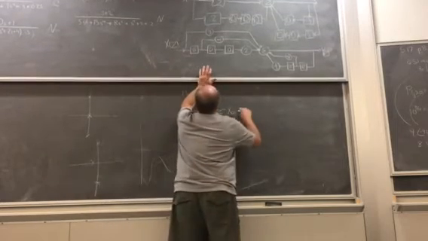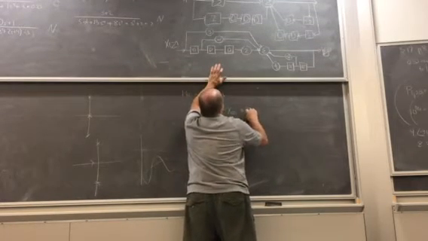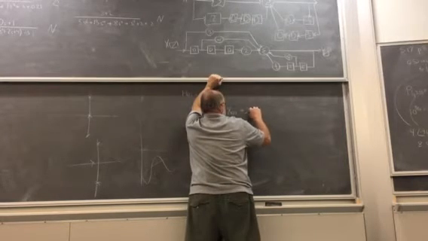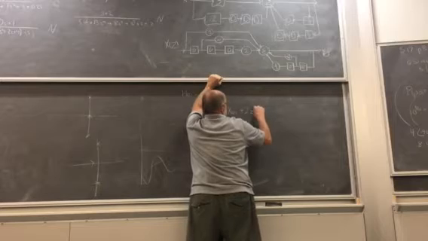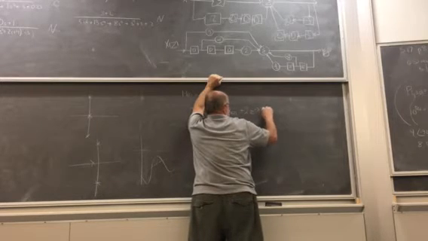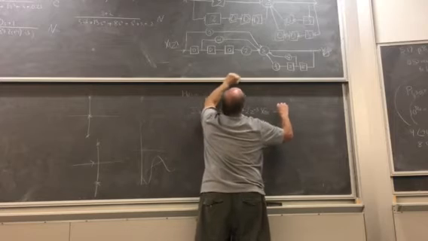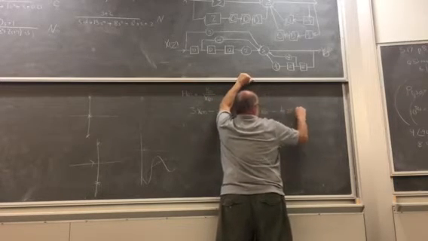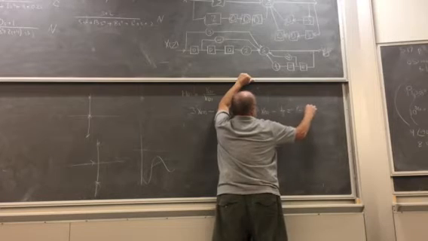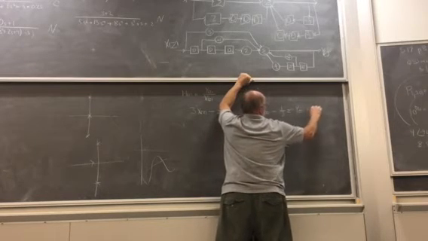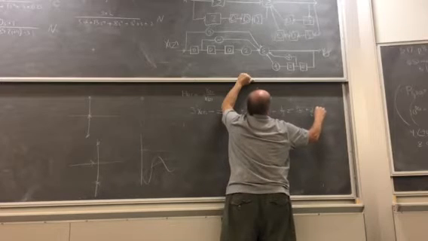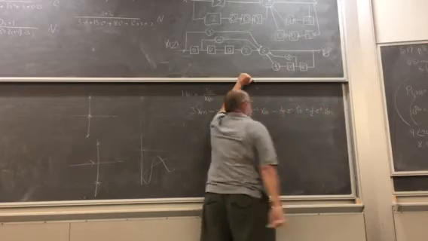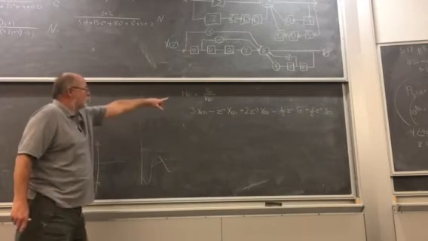However, going back to this, plus 2 z to the minus 3 X of z minus 1/3 z to the minus 1 Y of z plus 1/2 z to the minus 2 Y of z. So how do I turn that into this form here?